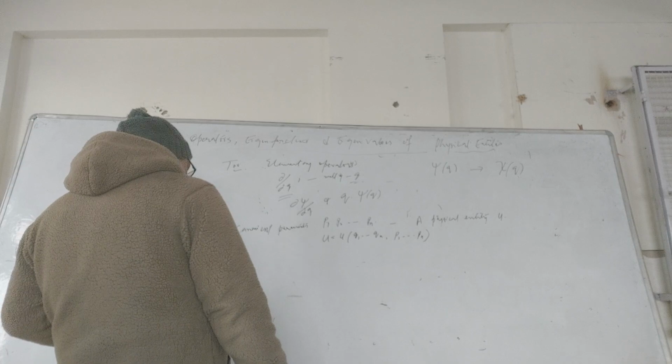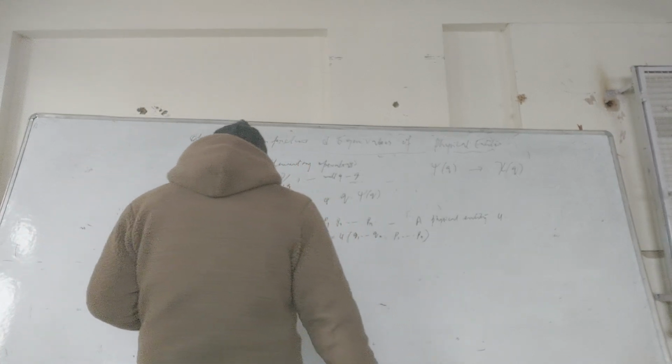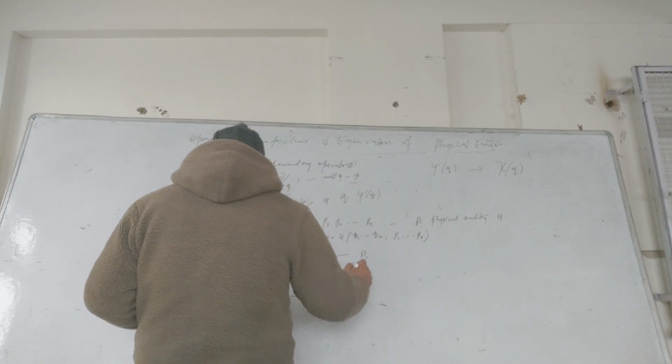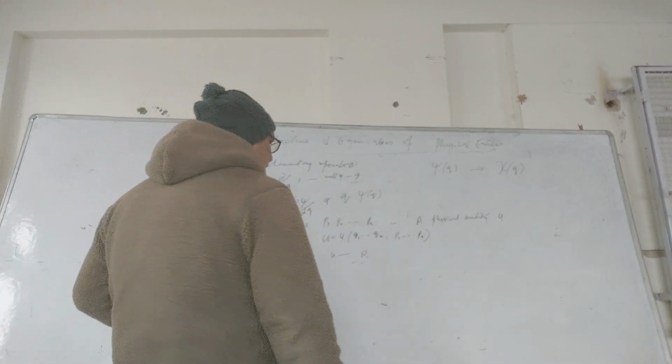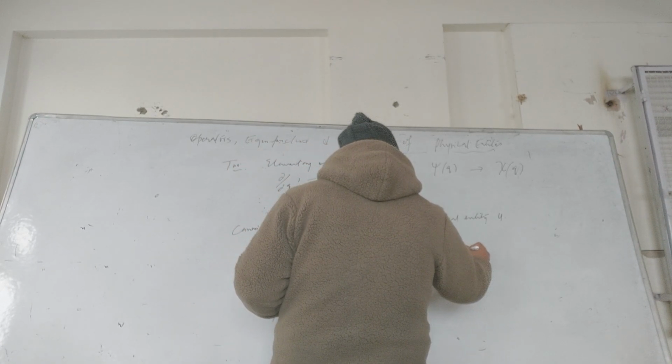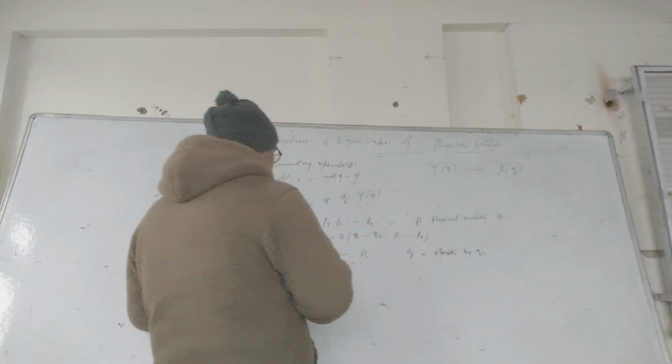And we may assume that U is a polynomial in Pi, and Q is the operator, Qi multiplied by Qi.